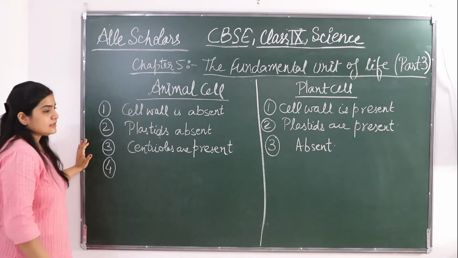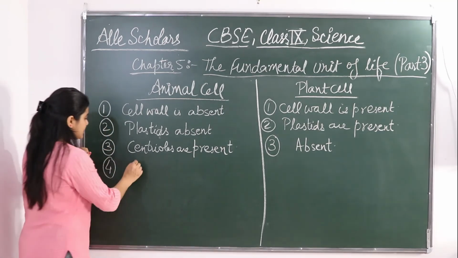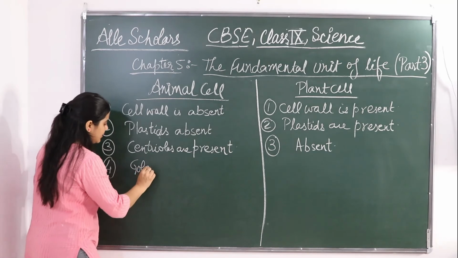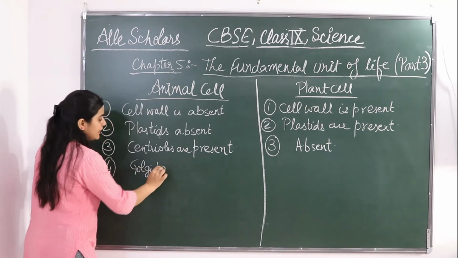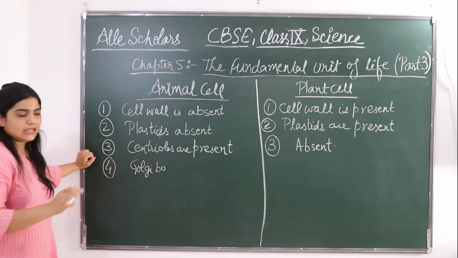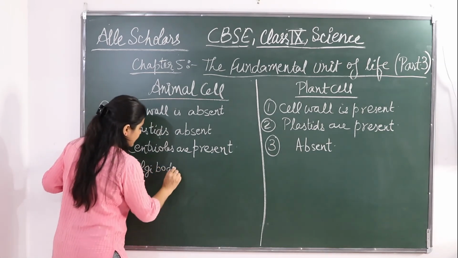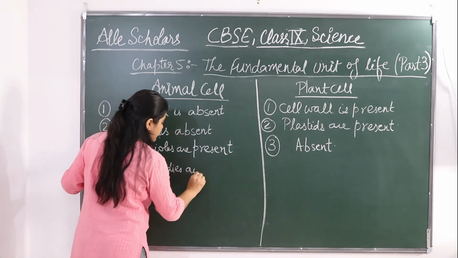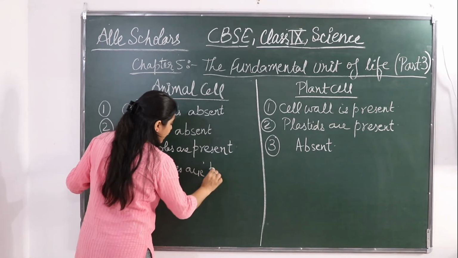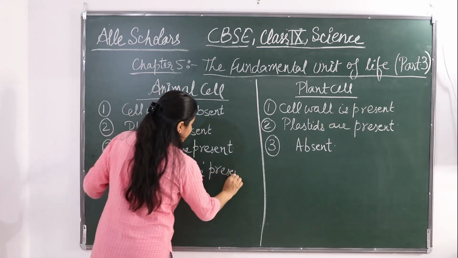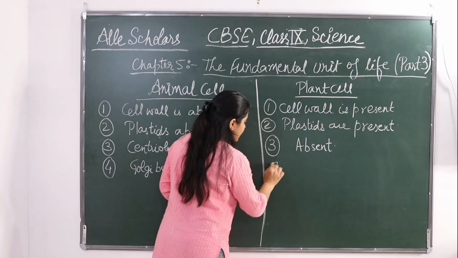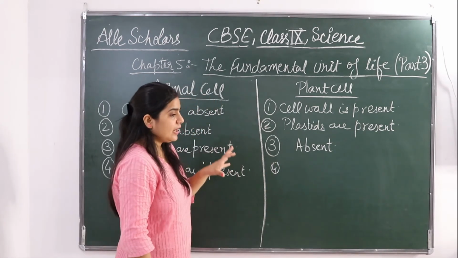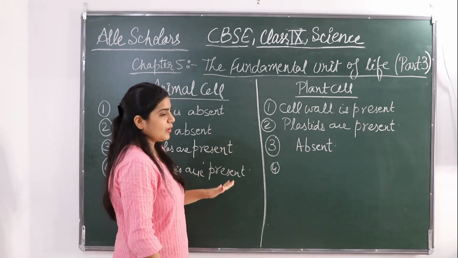Next comes the Golgi bodies. We have already studied about Golgi bodies. It is an organelle of a cell. In animal cell, Golgi bodies are present. But in plant cell, what happens?